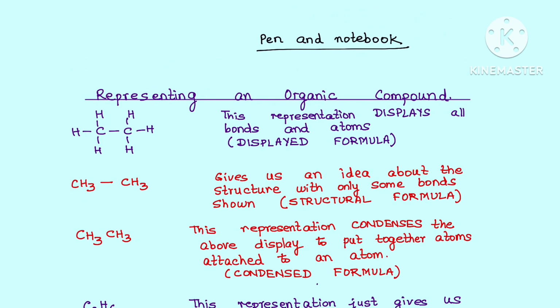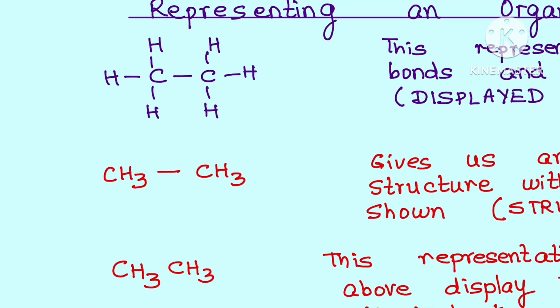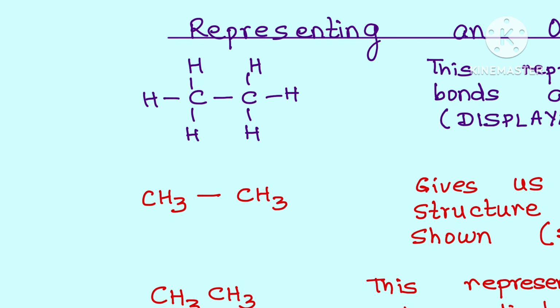In the example here, I am taking up ethane, C2H6, the different representations of ethane, having 2 carbon atoms and 6 hydrogen atoms. See the first structure over here. Here we have represented all the bonds that are there in the ethane molecule.